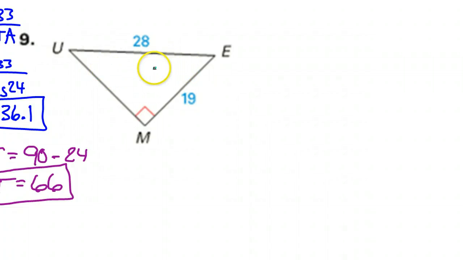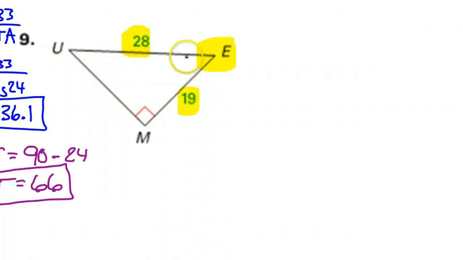So just pick an angle to start with. I think I'm going to just pick E. Doesn't really matter, but I'm going to pick E. I'm looking at angle E, and I'm looking at the two things that we're given, trying to decide which trig function this is going to be.